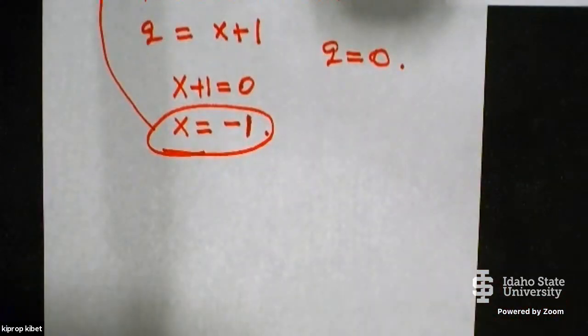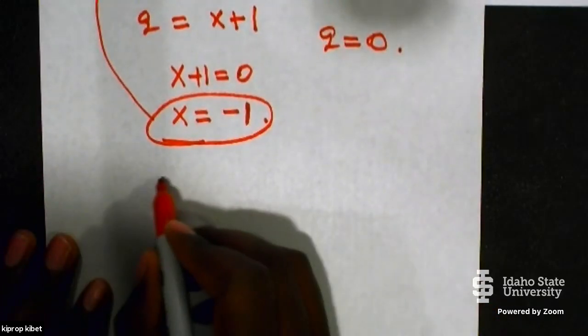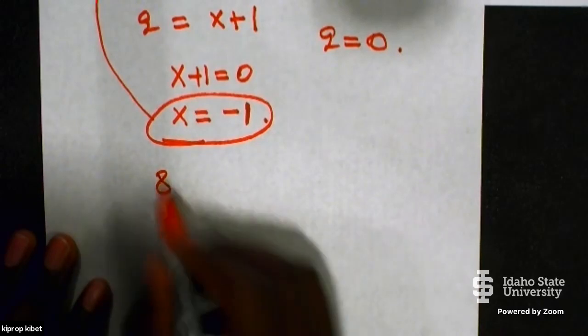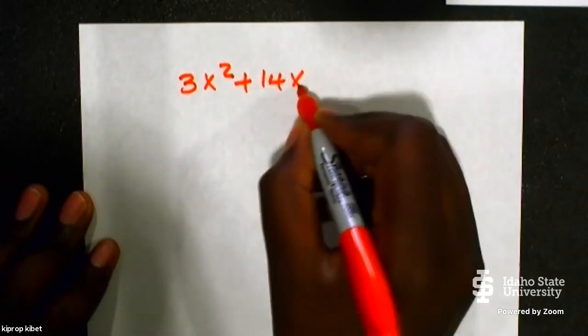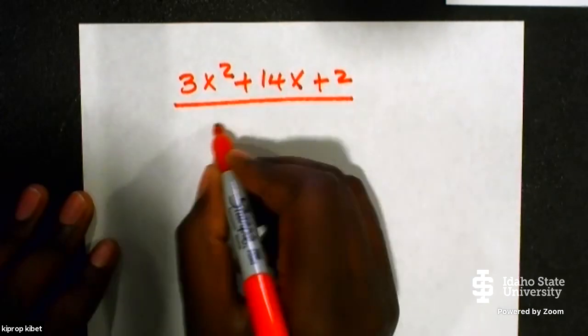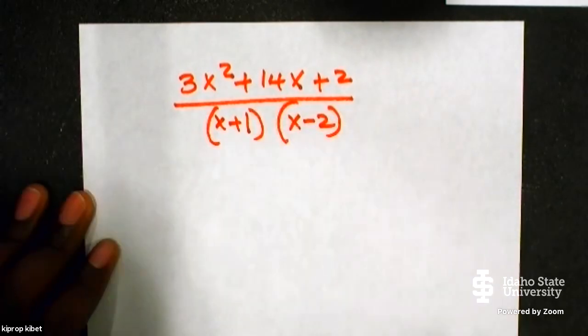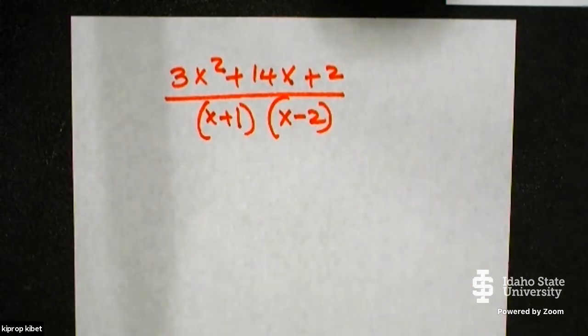Example number 2. Determine the values for which the rational expression, so we have another expression there. Maybe I can write it. You're given an expression like this: 3x squared plus 14x plus 2 all over x plus 1 times x minus 2.